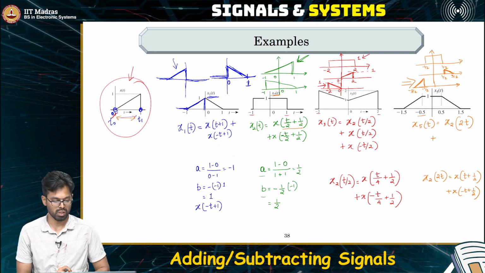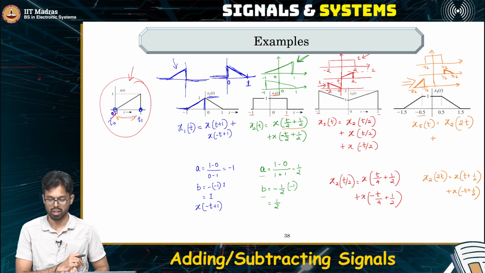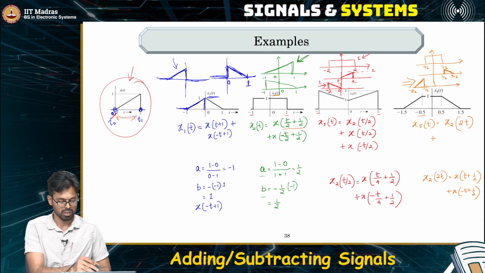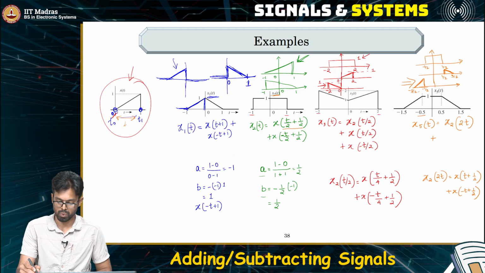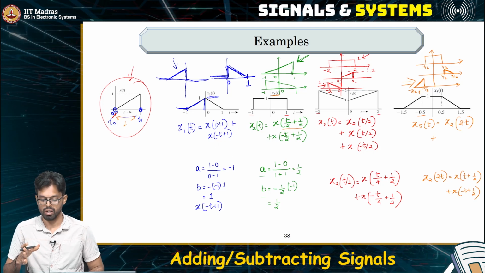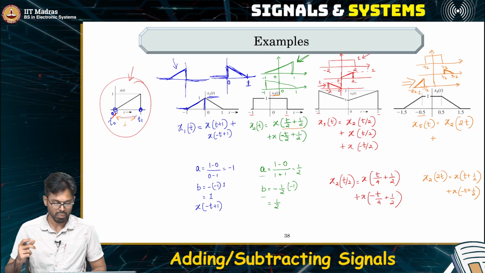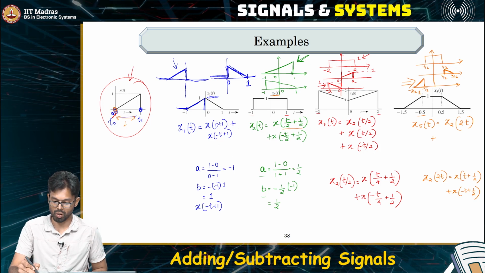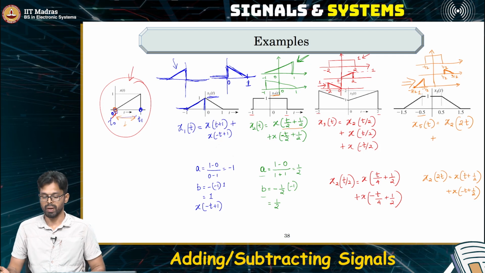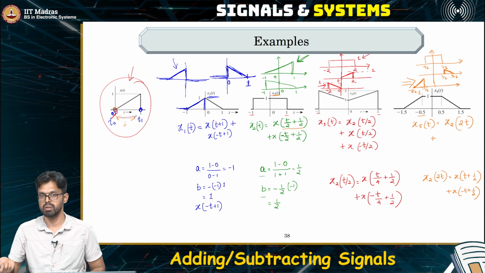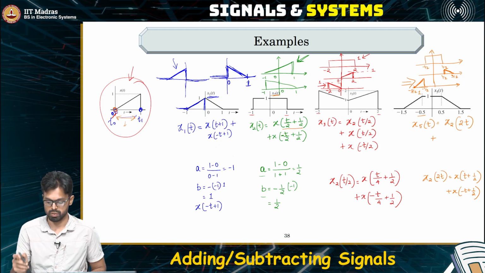You don't have to worry about the scale parameter because the scaling is equal to 1. There is no change in the scaling. So whatever is the width 1 here is the same 1. All you have to worry about is the shift. It has moved to the left. The origin was at 0, but as you can see here, the origin has now moved to minus 3 by 2. Okay, so moving to the left means having a positive time shift parameter.